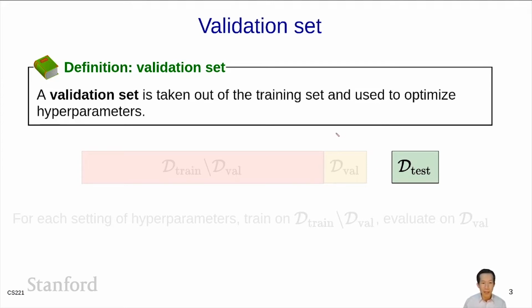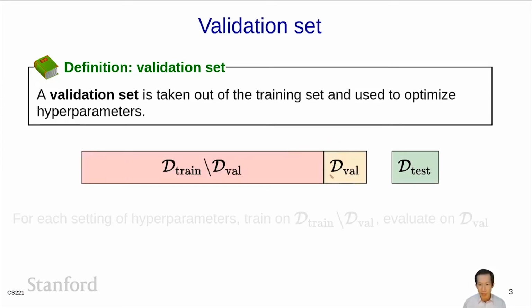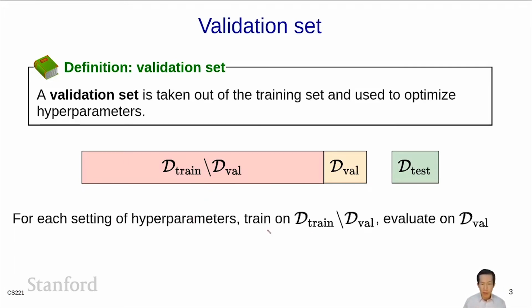And you take the training set and you divide it into a validation set, which is usually a small fraction, but large enough to get reliable estimates, and then the rest of the training set. So now for each setting of the hyperparameters, you can train on the train minus the validation, and then evaluate on the validation, and then you can choose the hyperparameters to be the ones that minimize the error on this validation set.